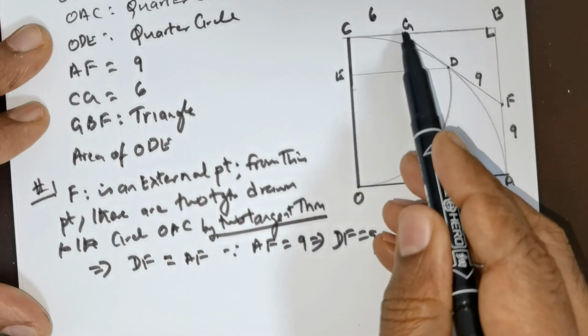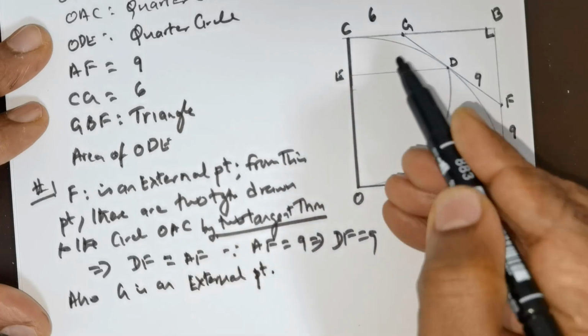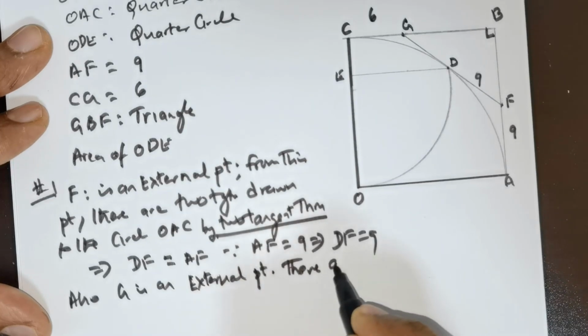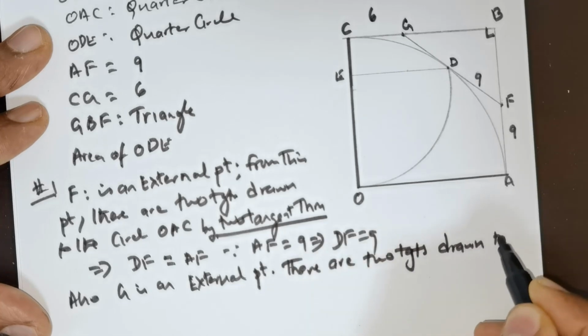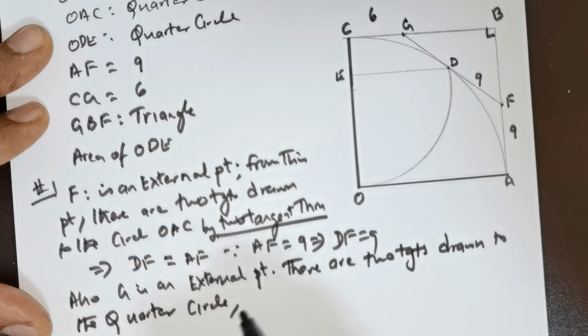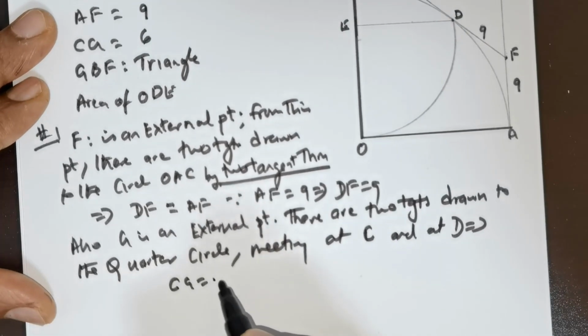Moving on. Now watch here. G is also an external point, and from this point G we have two tangents drawn to the quarter circle, meeting at C and at D. So this means CG is equal to DG.